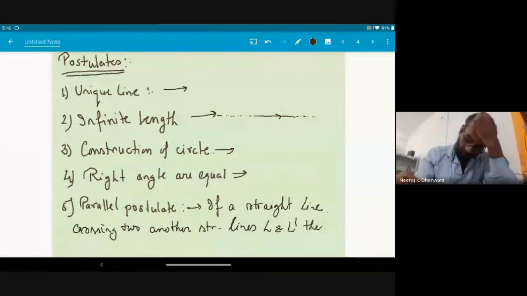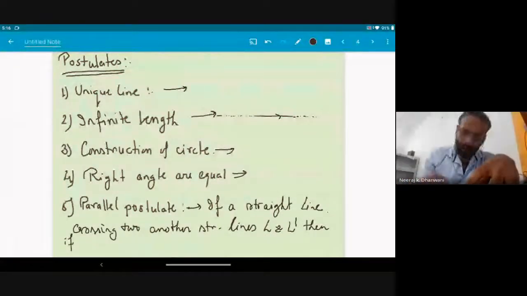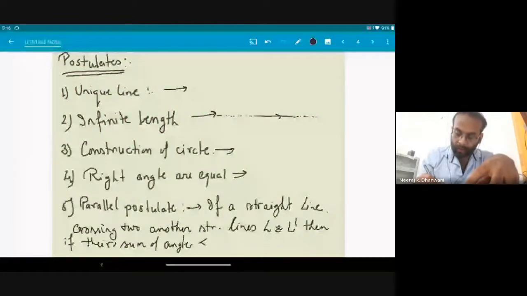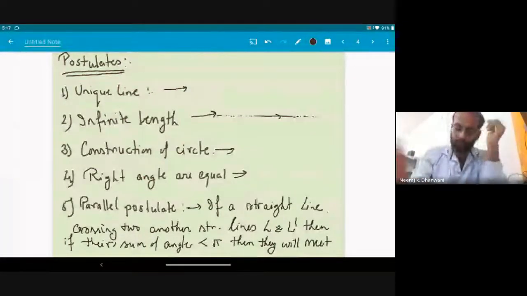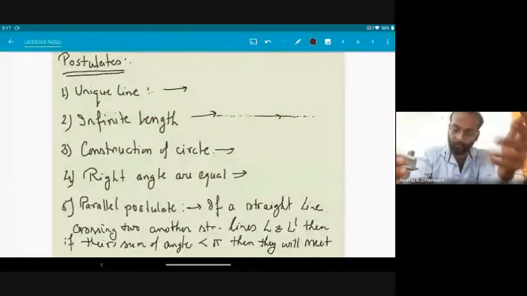If their sum of angles on the side is less than pi, then they will meet. What is the meaning of this? This is his parallel postulate. I should define what my meaning of this is.